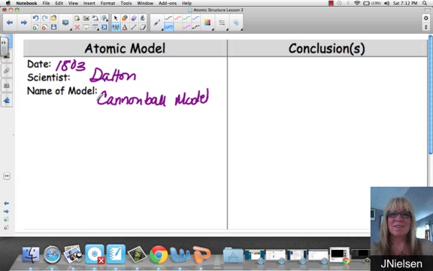Remember, he said that atoms were indestructible, and he called them atoms, from the Greek word atomos. What did he conclude? That the atom was a solid sphere, and it had uniform density.